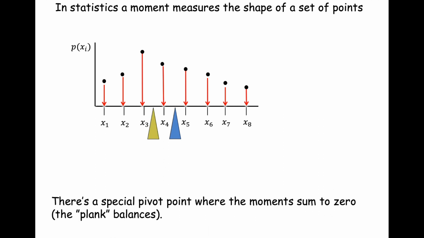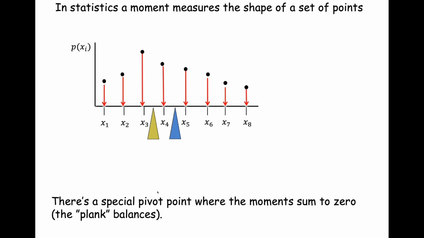And so if you do that, you can also select a different pivot point. And this different pivot point is where all of the moments sum to zero. If you select a pivot point where all of the moments sum to zero, that is the plank, or if you imagine this axis as a board or a seesaw, it's going to balance, right?